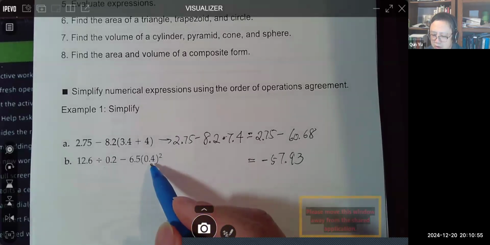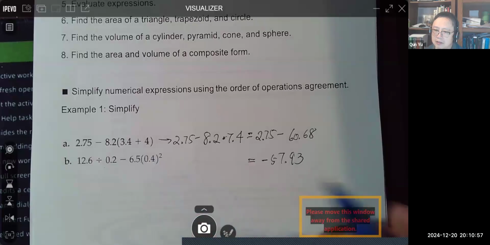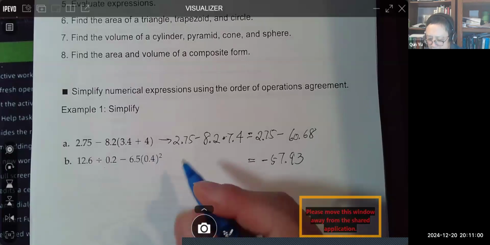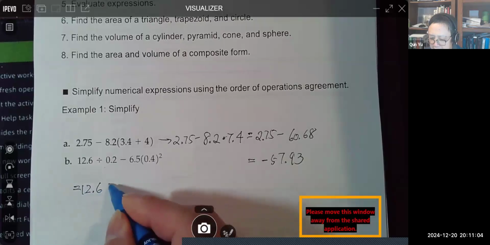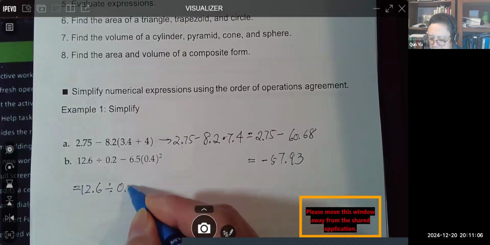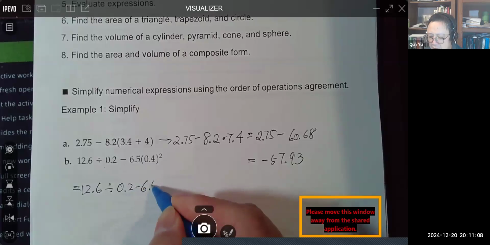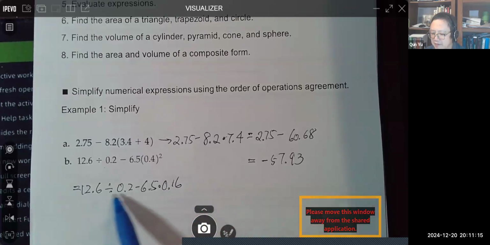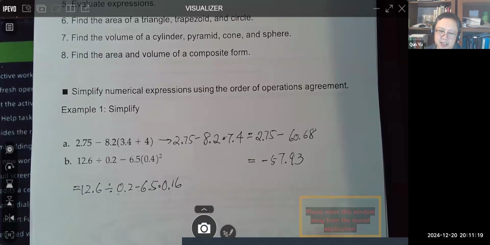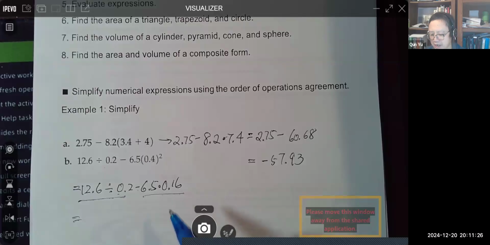So we are going to do 0.4 squared, which is 0.4 times itself. I copy everything else. 0.4 times itself is 0.16. Now you can see we have division, multiplication, and subtraction. Both division and multiplication have higher priority than subtraction. In other words, we can do these two in parallel, then we do subtraction.